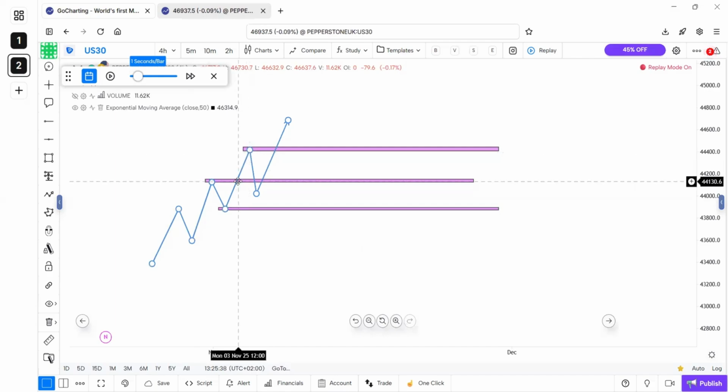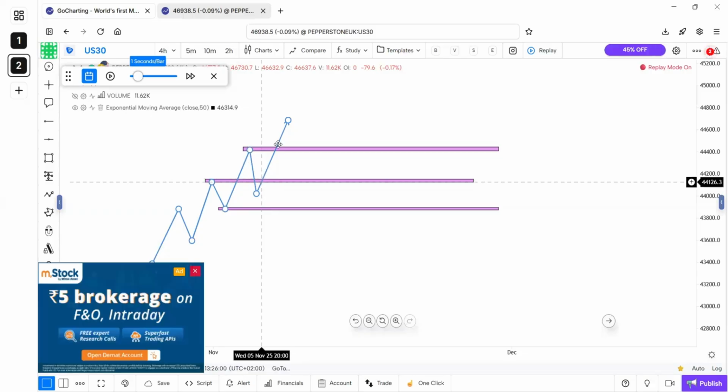But obviously we know the market doesn't move in a straight line. This is why we have a correction. Sellers are competing with buyers. They come in here and then buyers continue. You can see from this level over here, there were buyers and they continued the market to the upside. So this is what ICC is all about.